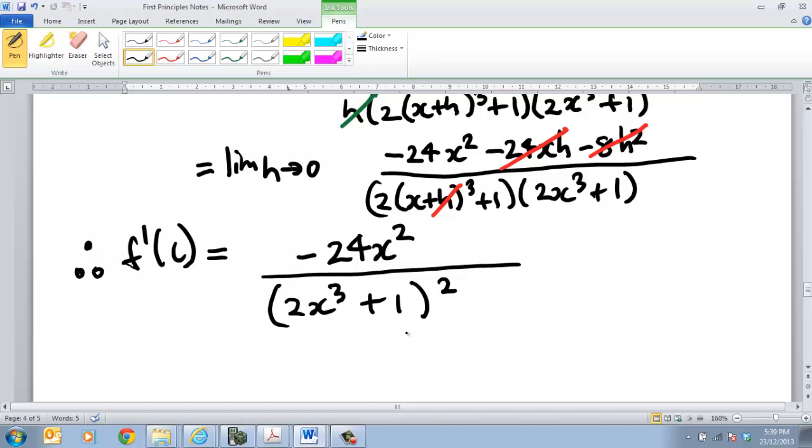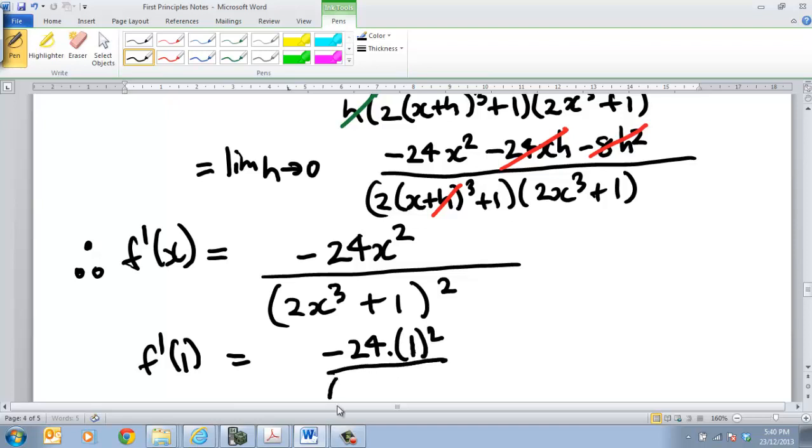And obviously, if we wanted to put our value of x in here, we could work that out, couldn't we? So if we had x equals 1, we could say that's equal to minus 24 times by 1 squared all over 2 times by 1 cubed plus 1, and that would be squared.